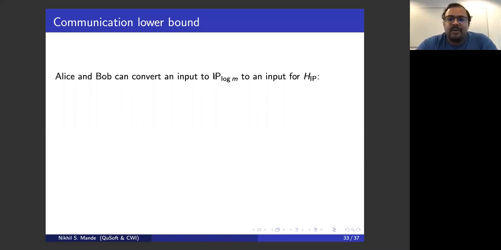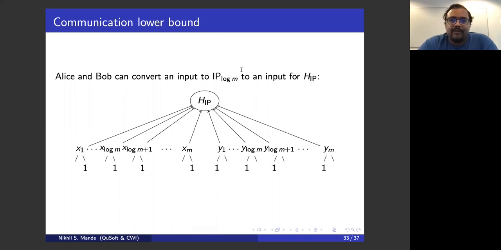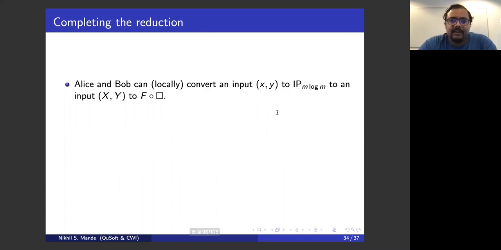And the final output of their function is supposed to be the parity of these inner products, because inner product is exactly the parity of inner products. So they convert each of these log m chunks to a valid input to one of the Hadamardized IPs. Basically, that's the very high level idea of what happens here.